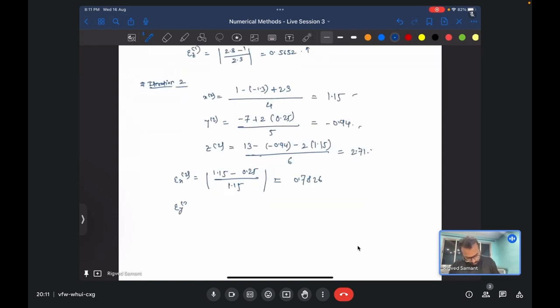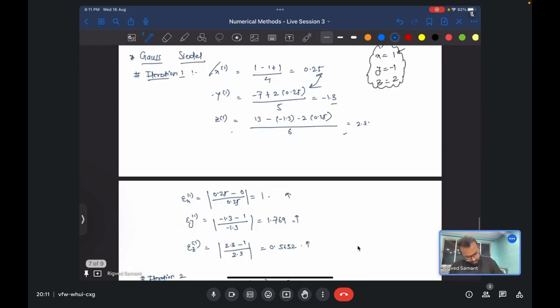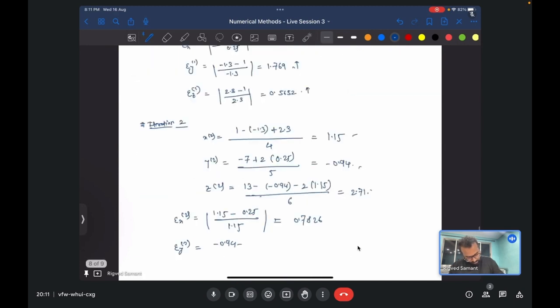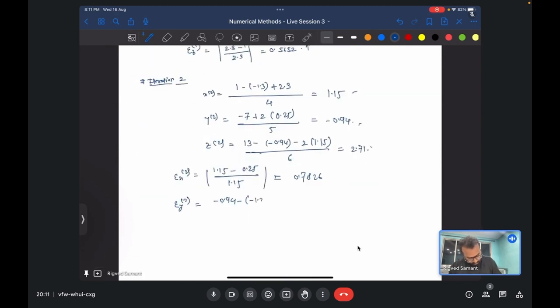Similarly, for y, minus 0.94 minus 1.3, divided by minus 0.94, is 0.329.